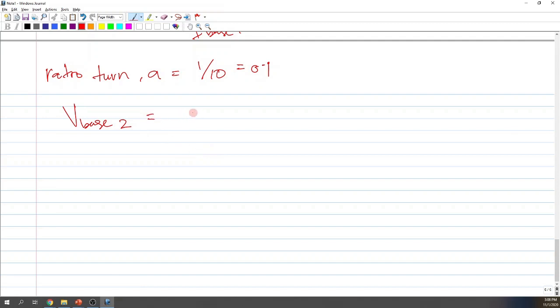And then V base, we have to remember the previous formula. V base 1 divided by A. So what was V base 1? 480 divided by 0.1, because it is a step up, so it becomes bigger. It becomes 4800 volt.